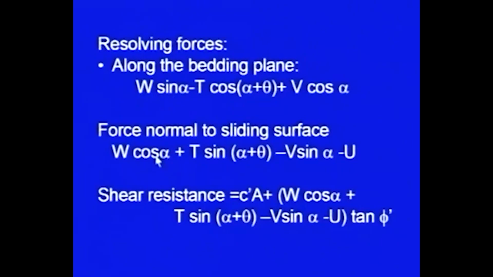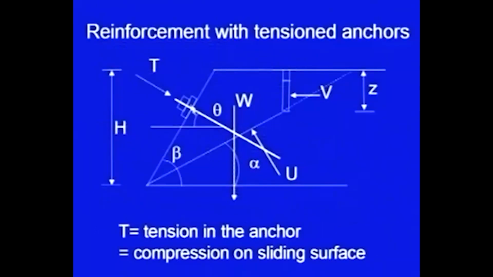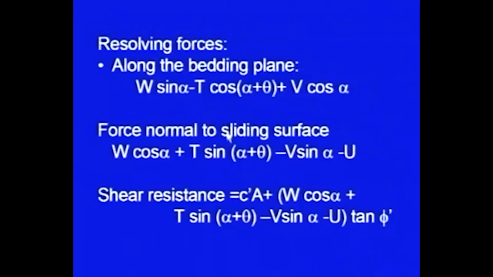So, here the other component will be W cos alpha plus T sin of alpha plus theta. Please note down here the component, the normal component is adding to the normal stress. So, here it will be plus not minus, and the component of V will be minus V sin alpha, and U is acting in the opposite direction. So, it will be minus U.